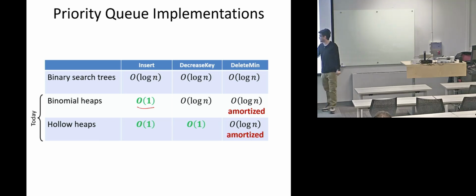And if delete min takes O(1) too, then you can sort this set by just keep deleting min. You get the smallest guy, the next smallest guy, and so on. That will take total order n if this is O(1). So it means that you can sort any set of numbers in O(n). So that's impossible.